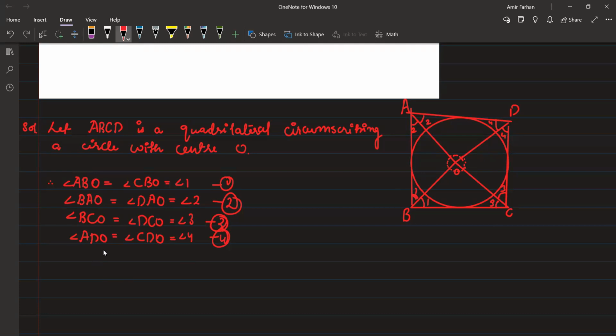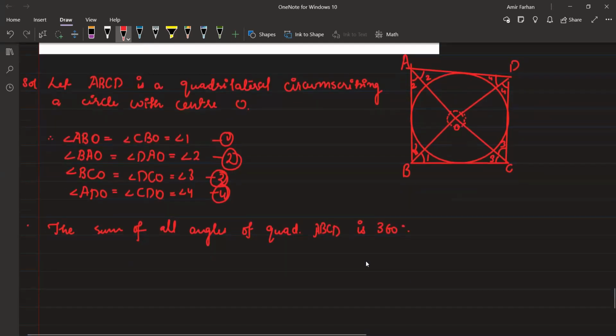Yes or no, Adil? Yes. So I can write the sum of all angles of quadrilateral ABCD is 360.